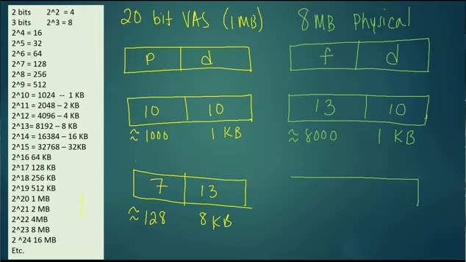And if we used 13 bits for the displacement, we'd have 8 kilobyte size frames and 10 bits for the frame number, so then we would have approximately 1,000 frames, all of size 8 kilobytes each.